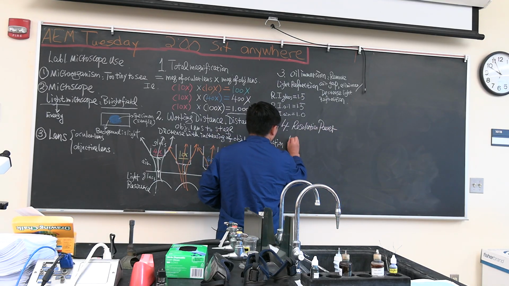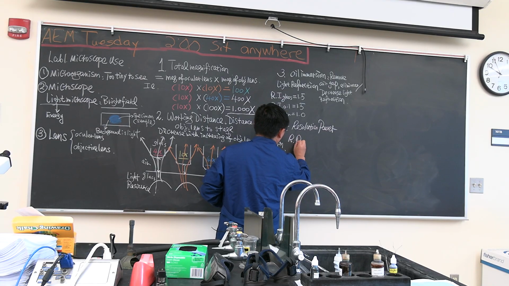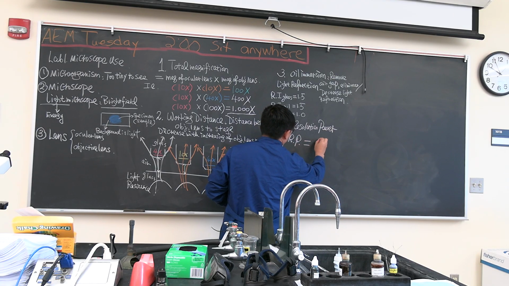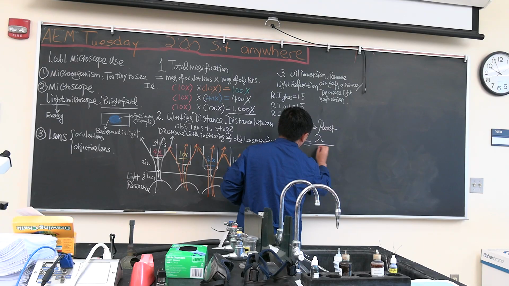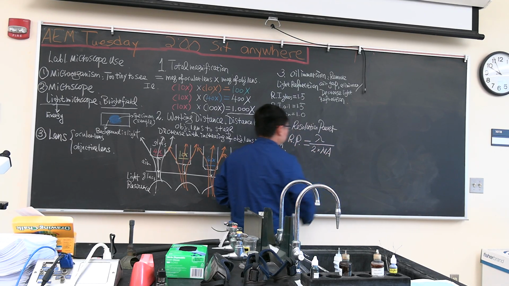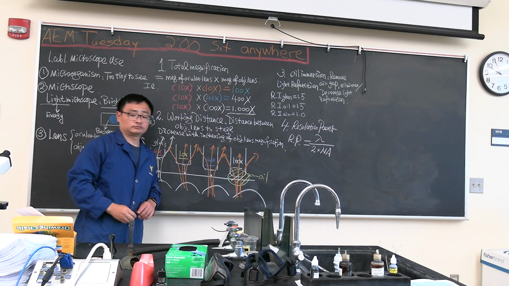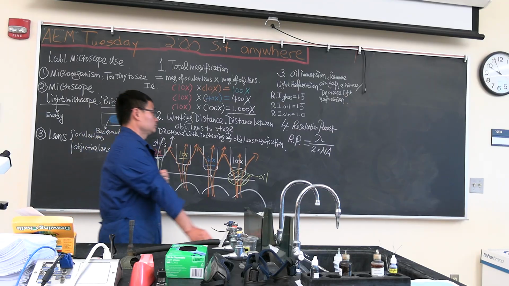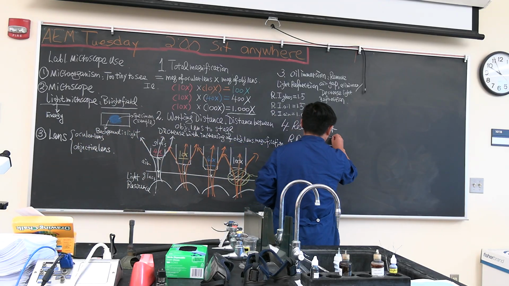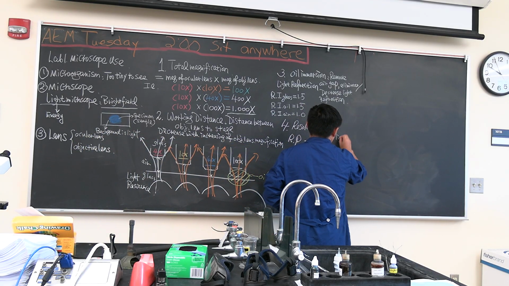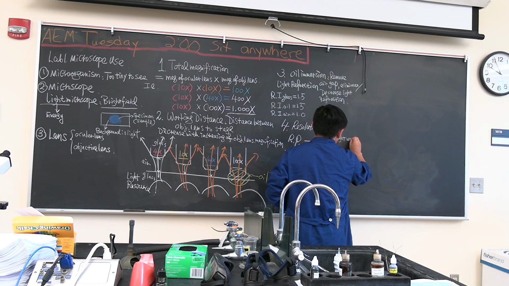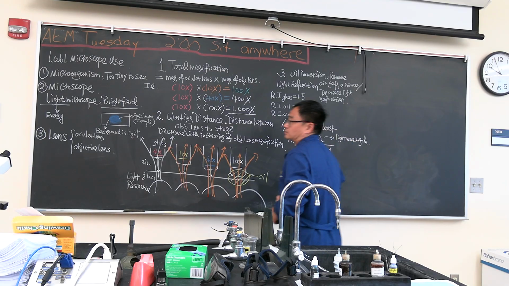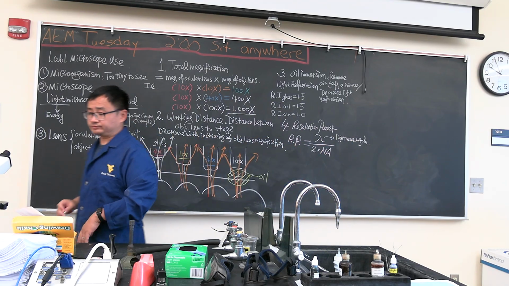Resolution power is expressed as Rp equals lambda divided by 2 multiplied by NA. It's a physics formula, so we're going to introduce it to you simply. What does lambda mean? Light wavelength. So what is light wavelength?